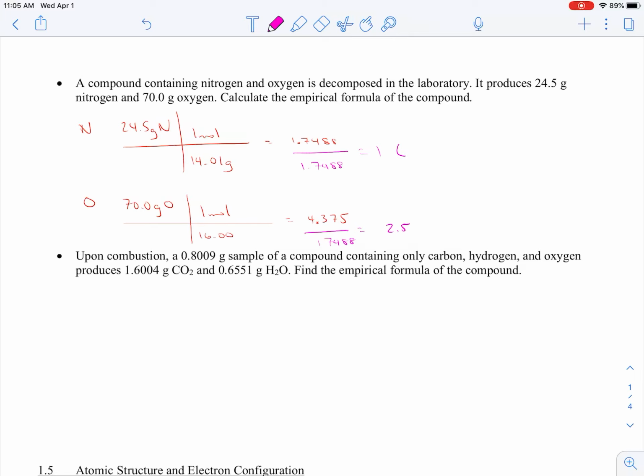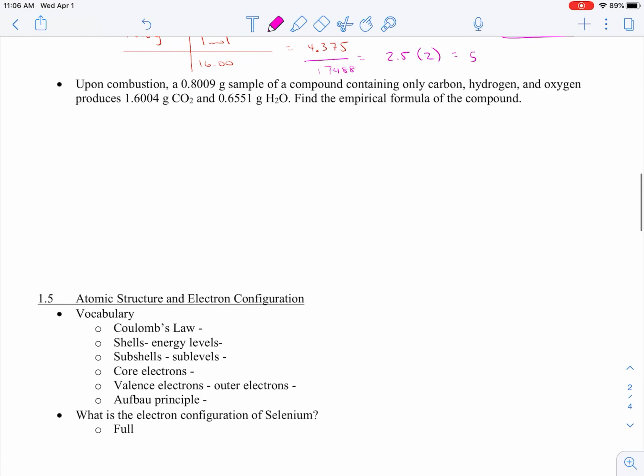So if we multiply each one by 2, that gives us 2 there and 5 there, so our formula is N2O5. All right, that one's pretty simple. Hopefully we get empirical formula, and hopefully we remember that.